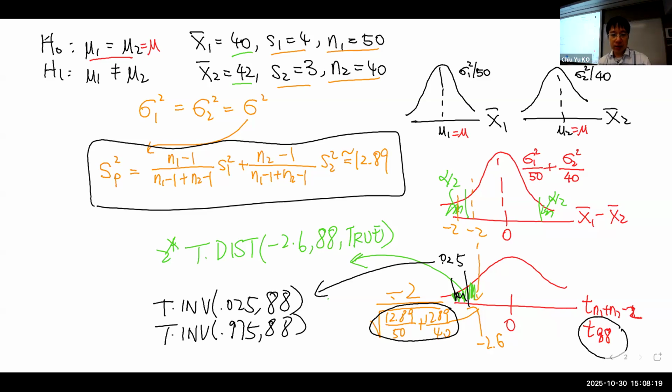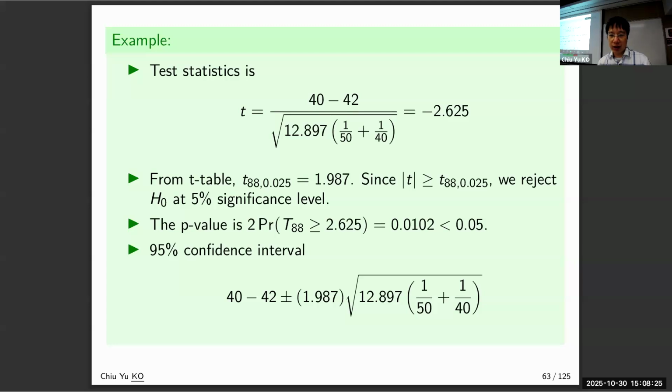Last but not least will be the idea of confidence interval, right? If you remember, hope you still remember, how you do the one sample test, right? One sample thing, X bar, sigma squared over n, and this mu, right?